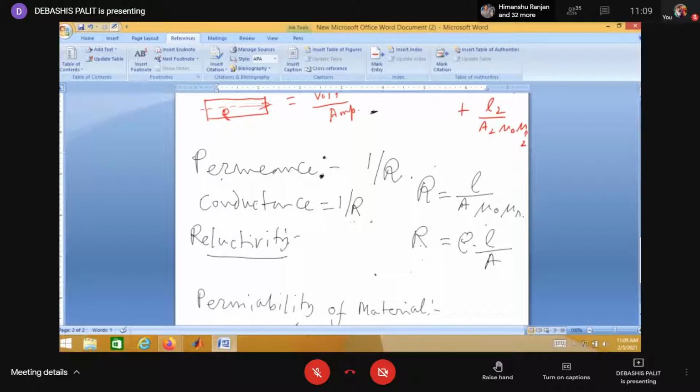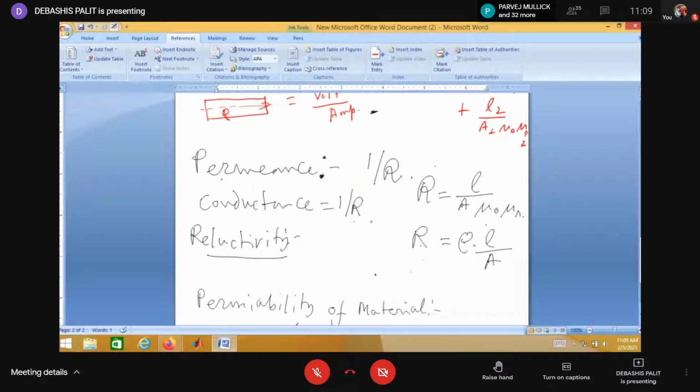If permeability is more, then reluctivity is less. If permeability is less, reluctivity is more. So normally the term reluctivity is not popularly used. The popularly used term is permeability, to define how easily flux can flow through a magnetic circuit.